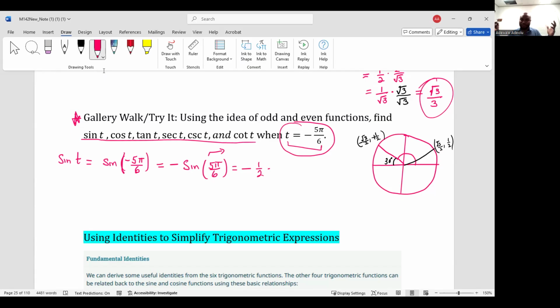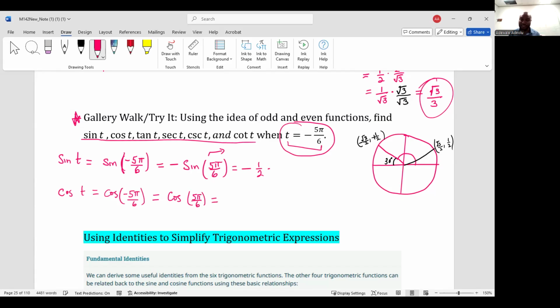I'm done. So go ahead and find cosine of t, which is cosine of negative 5 pi over 6. That is your angle. Since cosine is an even function, it stays as cosine of 5 pi over 6.